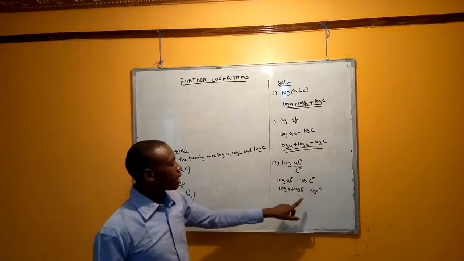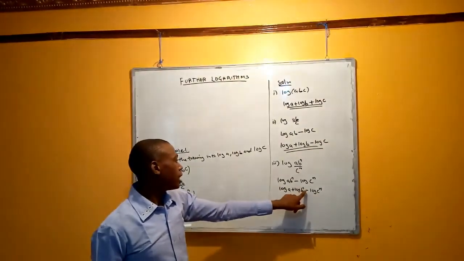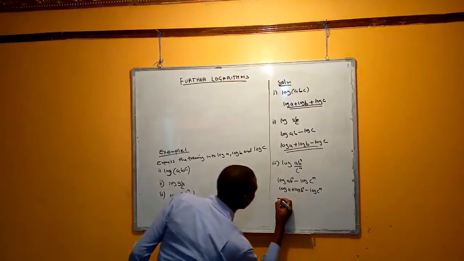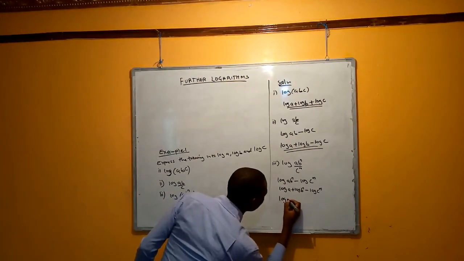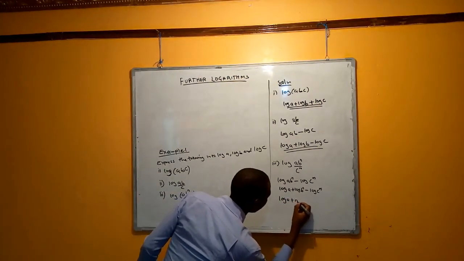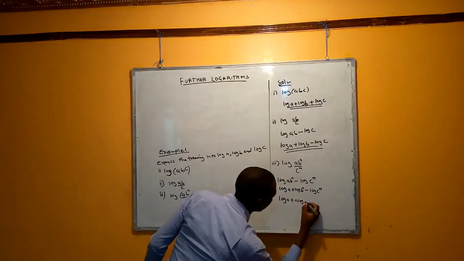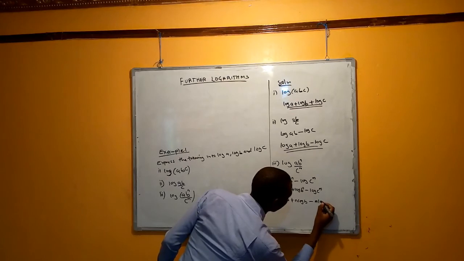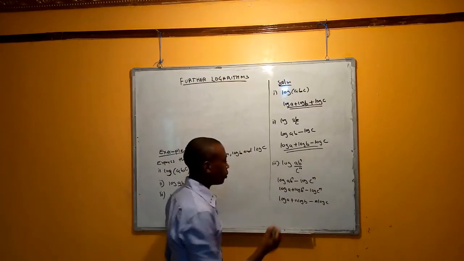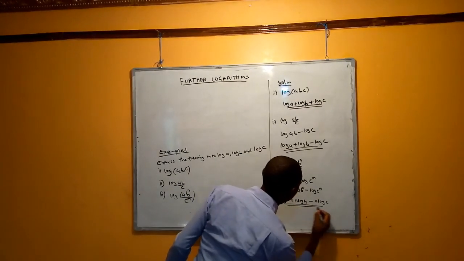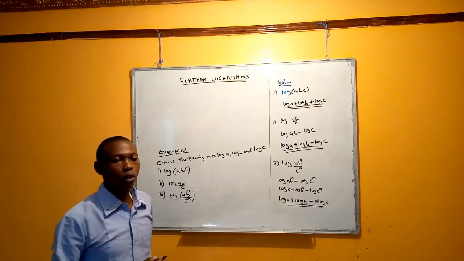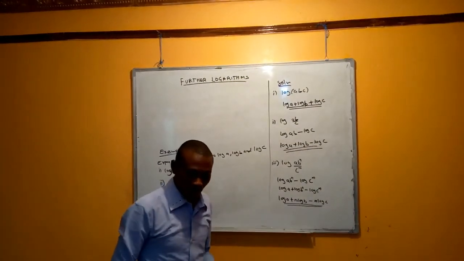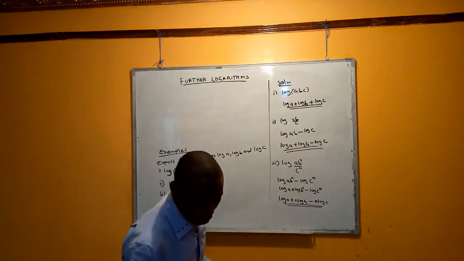But remember the third law of logarithm, we say that this power can be taken in front of the logarithm. So we can have log A plus N log B minus M log C. So this is now the format that you are supposed to leave your answer in.